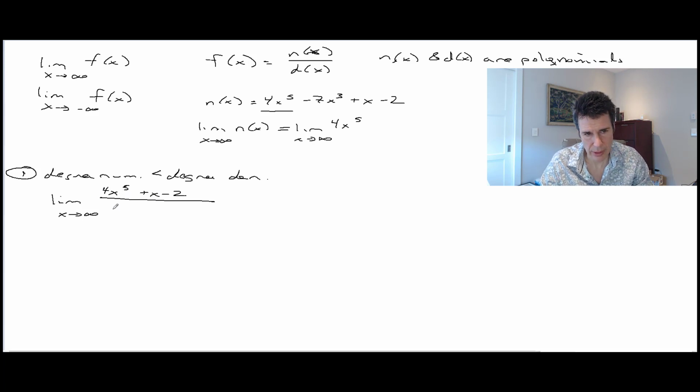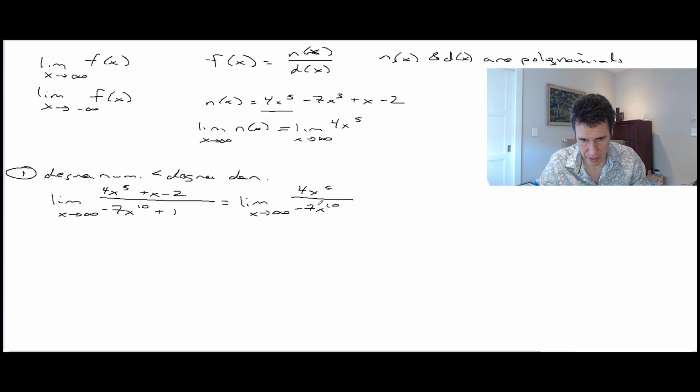So we're going to do negative 7x to the 10th plus 1. So we're going to use that trick that I told you. We're just going to worry about those leading terms. So this is the same as the limit as x goes to infinity, just the leading term in the numerator, 4x to the fifth over negative 7x to the 10th.